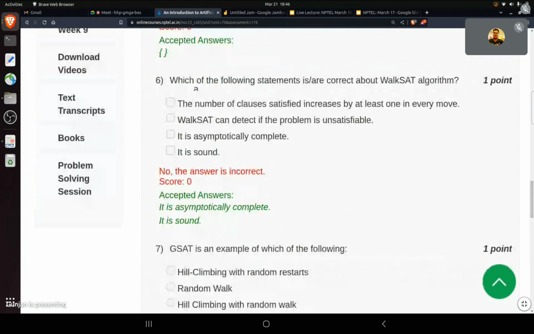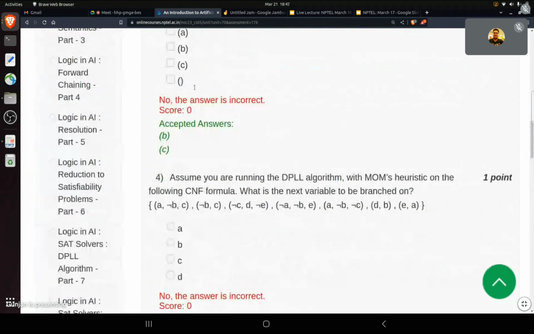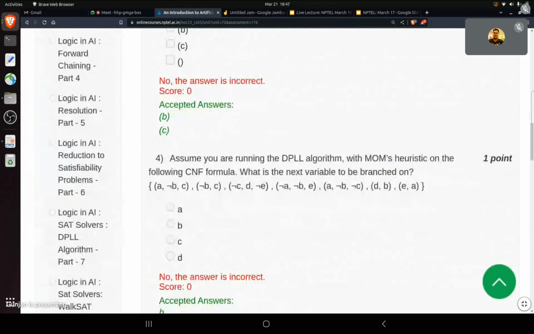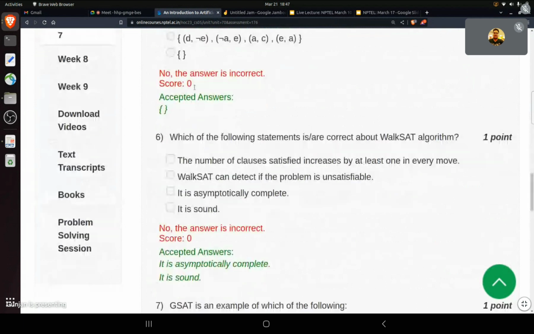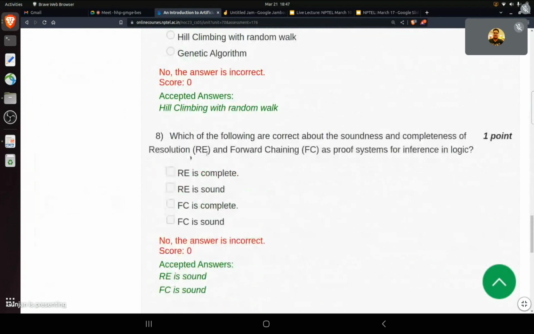The clause A, not B, C. There we could not prove whether A is valid or not, whether we can derive A or not. Resolution and forward chaining algorithms can tell you whether a given statement is true, but they cannot always tell you that a given statement is not true. That's why they are sound algorithms, but they are not complete.